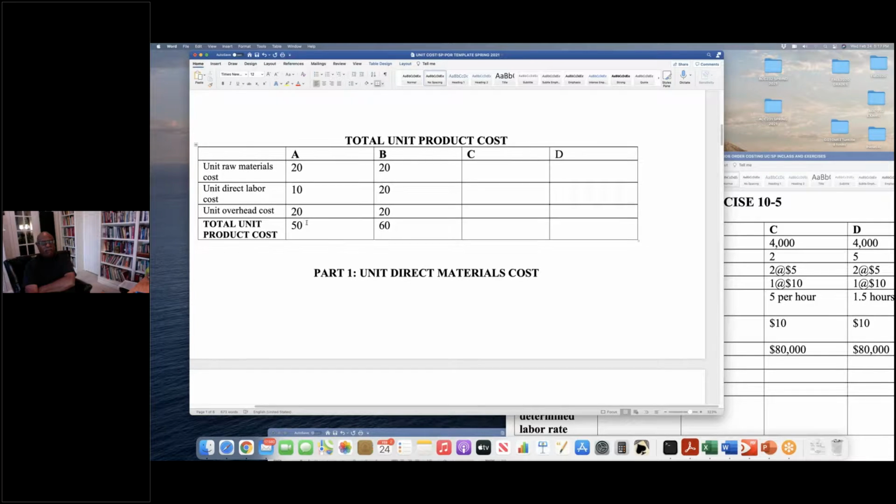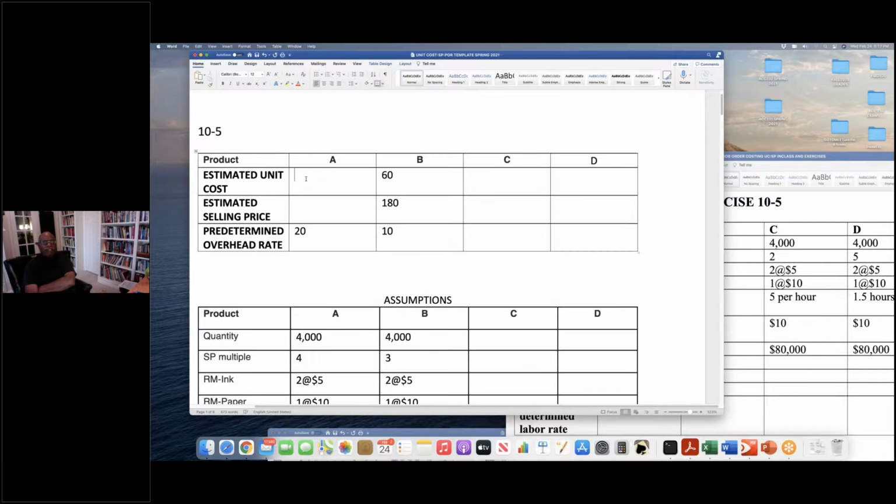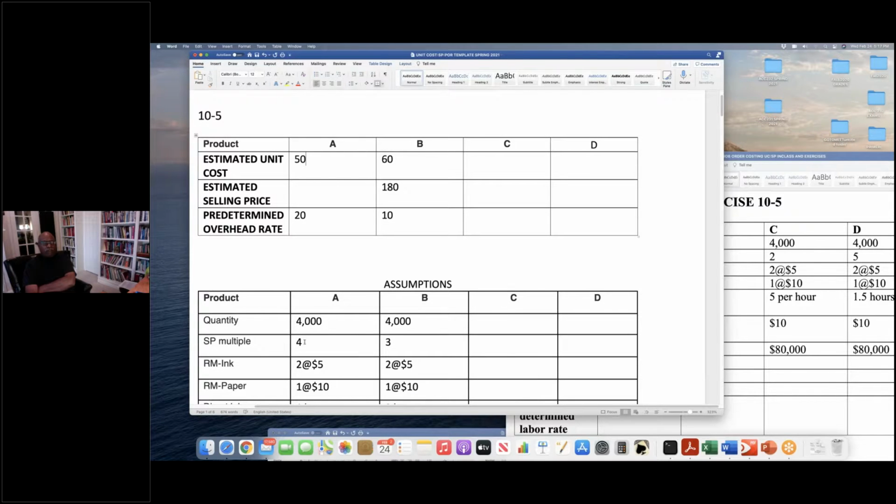You take it up to the chart, the first chart. Here, put $50. Then our selling price multiple is what? 4, which gives us 200.